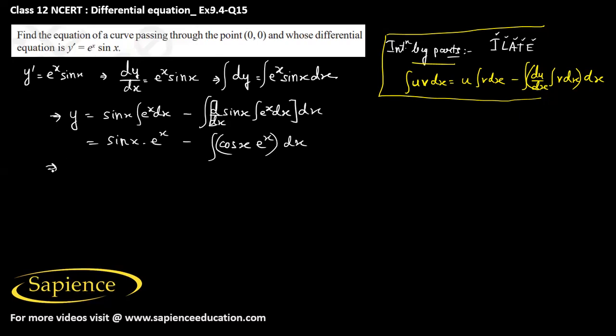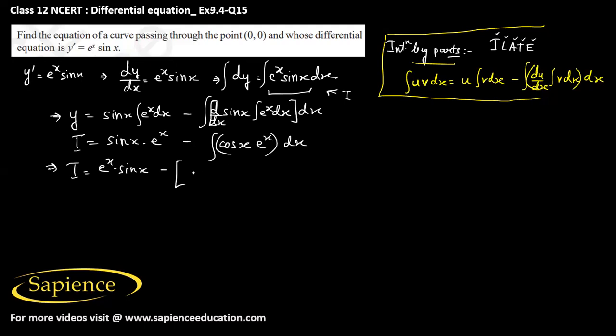So now let's say this integral is I. If I take the integral of this function as I, then I will be equal to e power x into sine x, then minus, again I have to do the integration by parts.